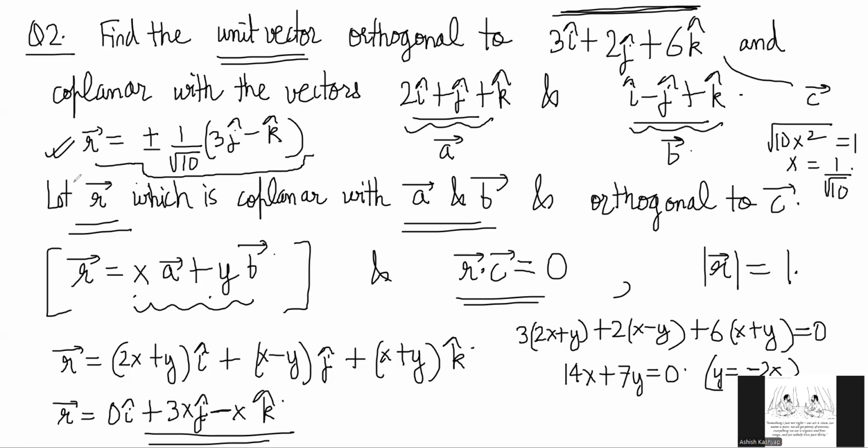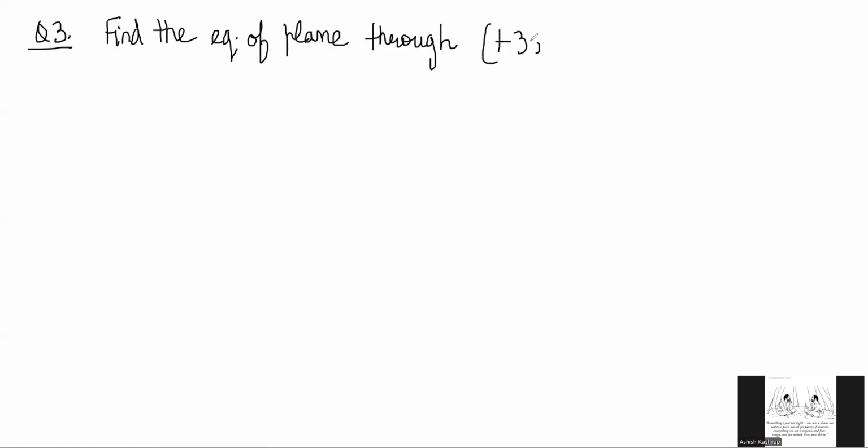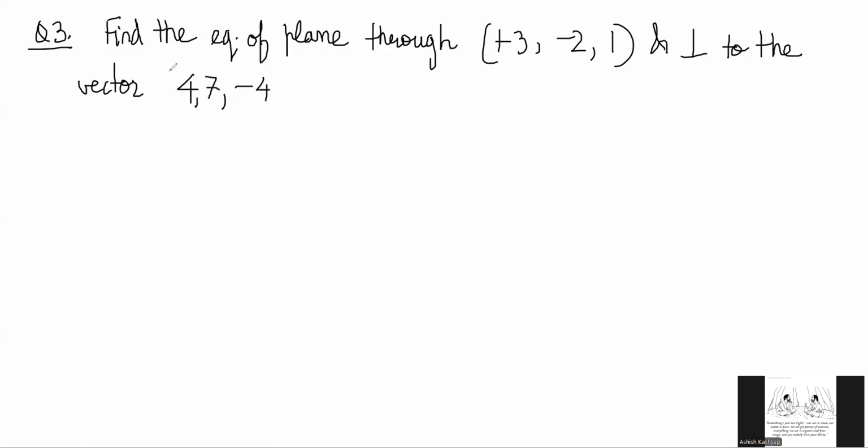Okay. One other question that I wanted to show is: find the equation of the plane through the point 3 comma minus 2 comma 1 and perpendicular to the vector 4 comma 7 comma minus 4, right?